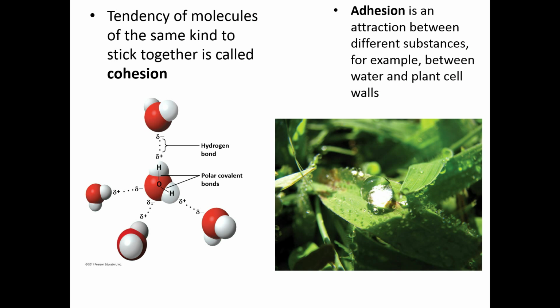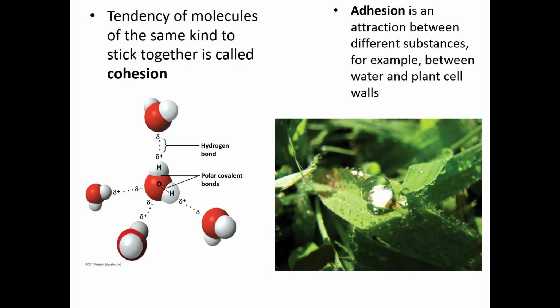When you're talking about water, water has the ability to stick to other water molecules. We call this process cohesion. The ability of water molecules to stick to something else, we call adhesion.